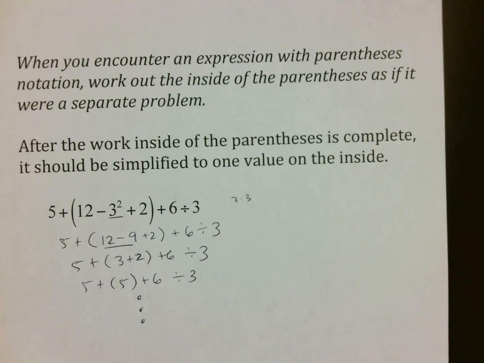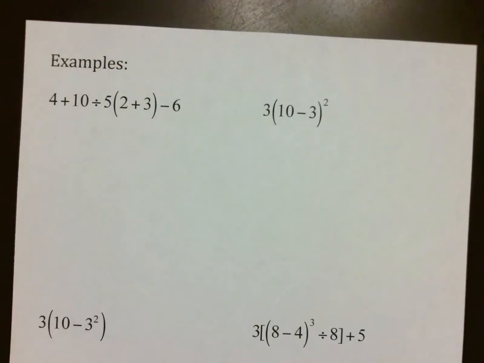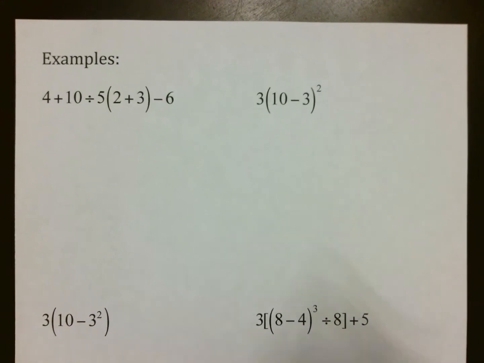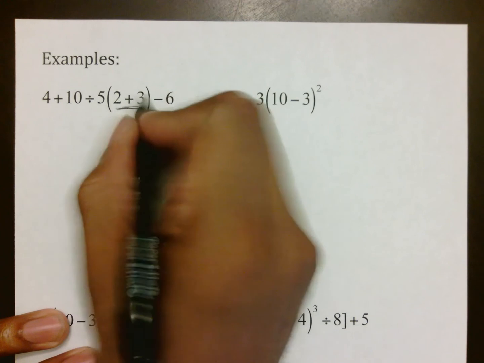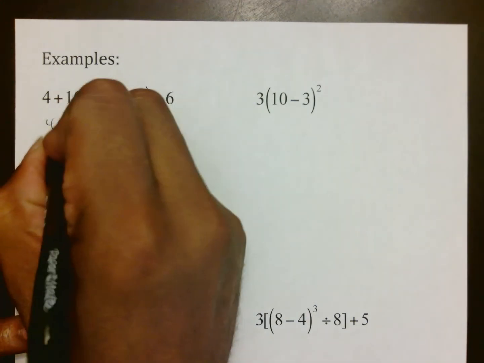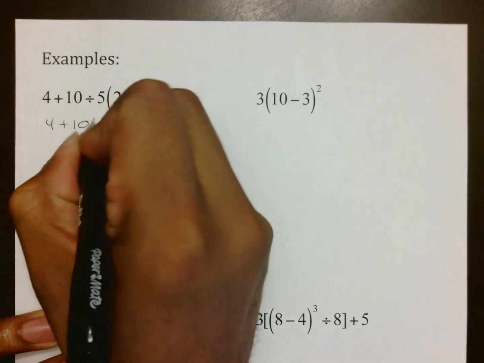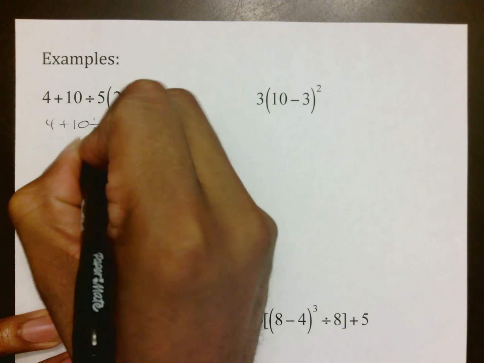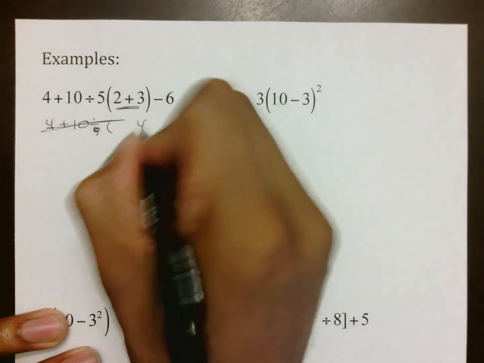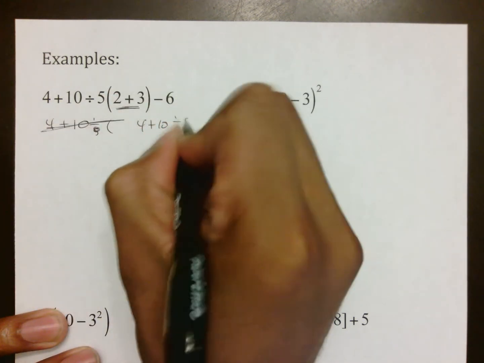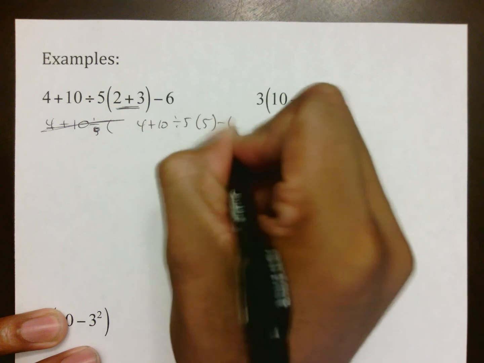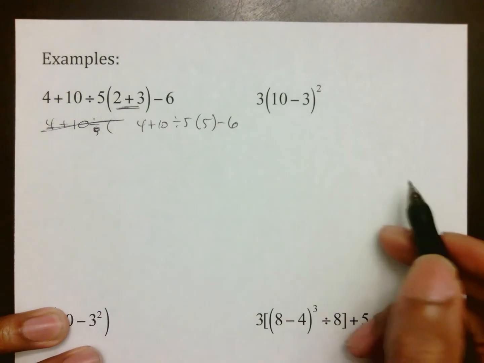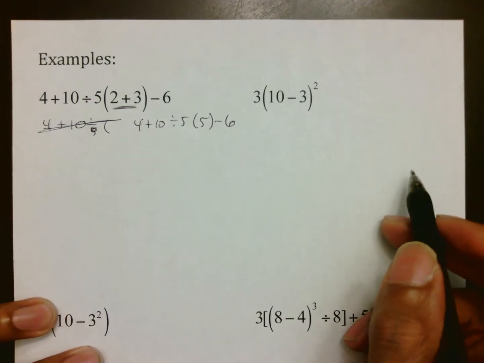Alright, so quickly on these examples that we have before we wrap it up. First thing we do is we look at this and recognize that this is on the inside of a parentheses, and so that is the most important part. So 4 plus 10 divided by 5, I'll write it again. 4 plus 10 divided by 5, parentheses 5, minus 6, because 2 plus 3 turned into 5.